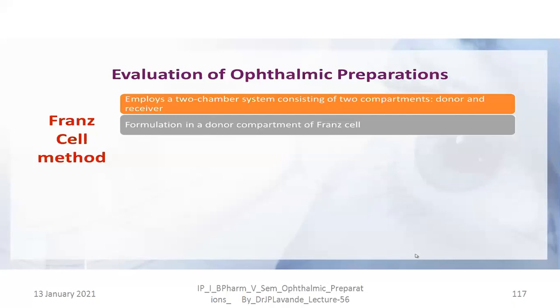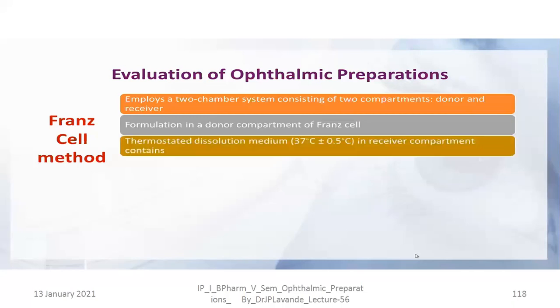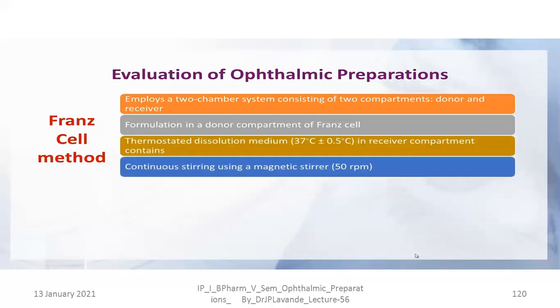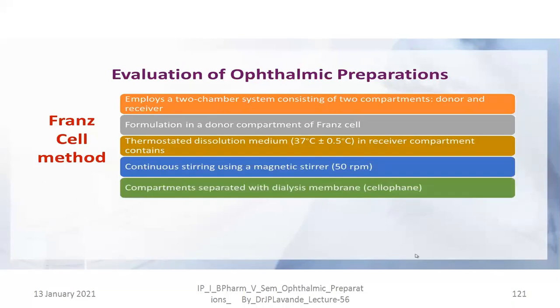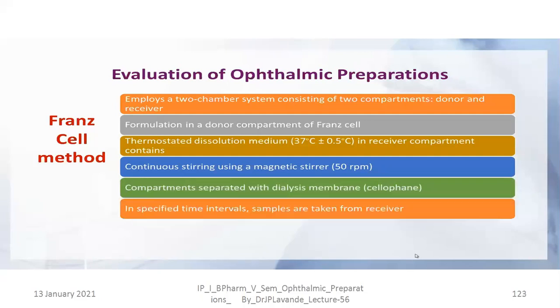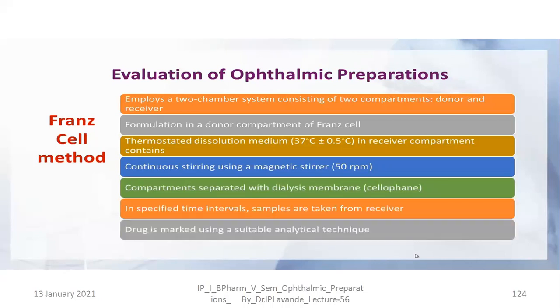The formulation is placed in the donor compartment of the Franz cell, and the thermostated dissolution medium, maintained at 37 degrees centigrade plus or minus 0.5 degrees centigrade, is in the receiver compartment. Continuous stirring is carried out using a magnetic stirrer at 50 revolutions per minute. The compartments are separated with a dialysis membrane, a cellophane membrane. At specified time intervals, samples are taken from the receiver and the drug is measured using a suitable analytical technique.